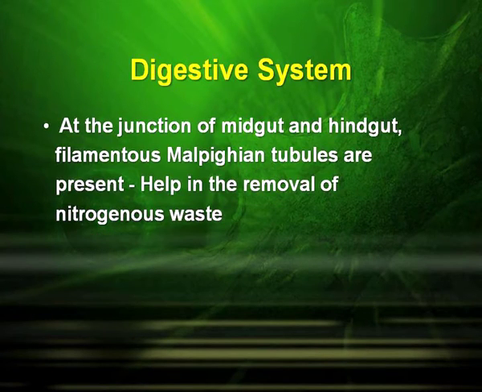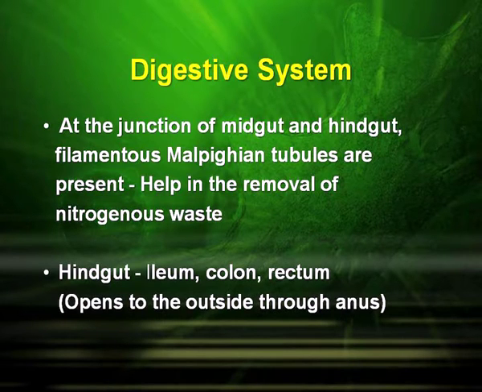At the junction of midgut and hindgut, filamentous Malpighian tubules are found, which help in the removal of nitrogenous waste. The hindgut includes organs like the ileum, the colon and the rectum, which opens to the outside by the anus.